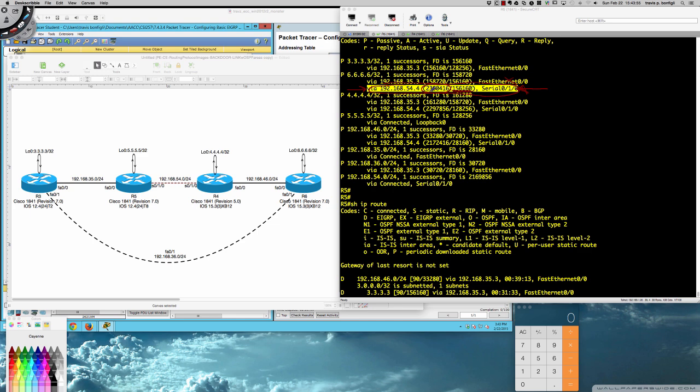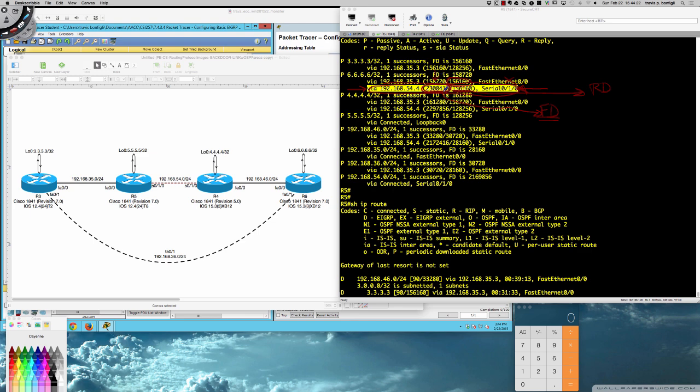The first value here would be the feasible distance when it goes into the routing table. And that is the current reported distance. So again, this is the reported distance up here, and this is the feasible distance.